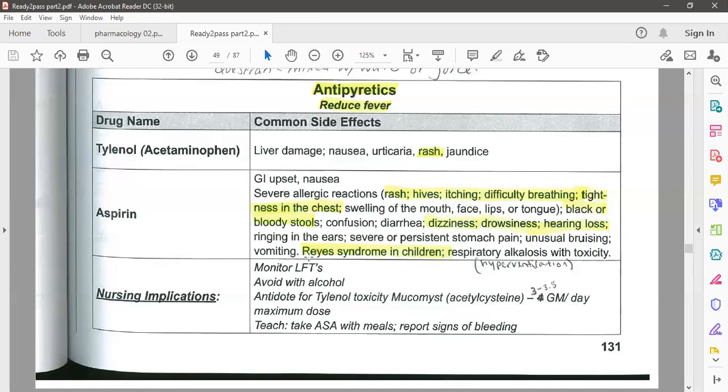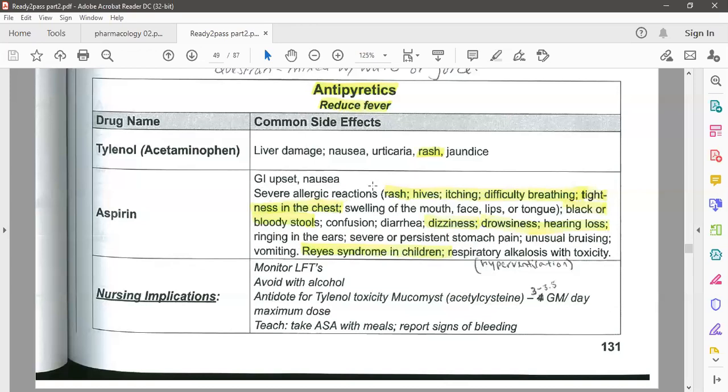So here, let me read it about side effects: GI upset, nausea, severe allergic reaction. How do you know that your patient developed the allergic reaction?